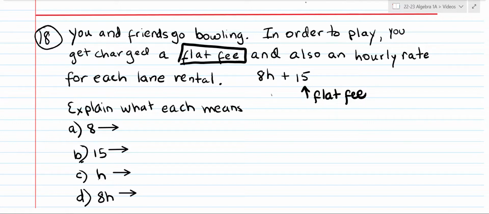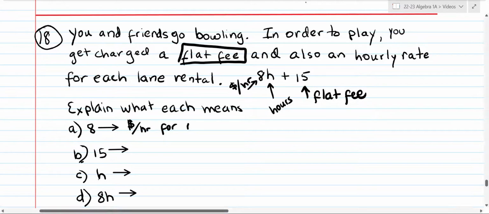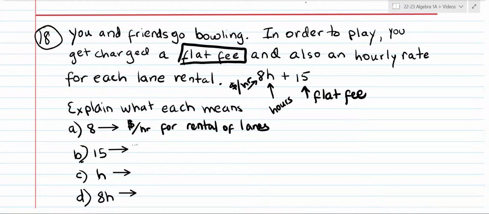So this has to be the hours that you bowl, and this is how much you pay per hour. So 8 is the money you paid per hour for renting the lanes. $15 is the flat fee. H is the hours that you bowl.